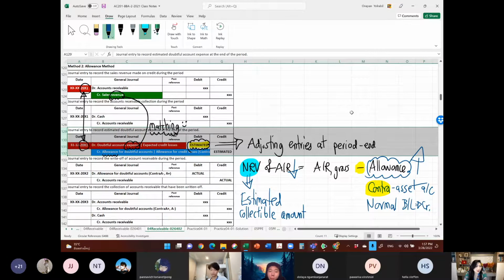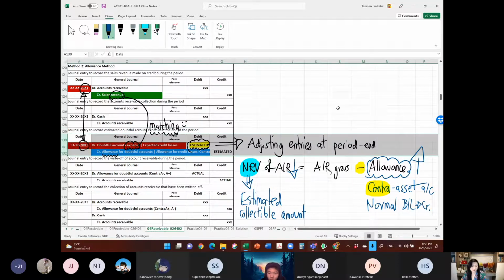So what we need to do is set up the account called the allowance for doubtful accounts or the allowance for credit loss. And this allowance is a contra asset account. Okay, so any questions on this particular entry?